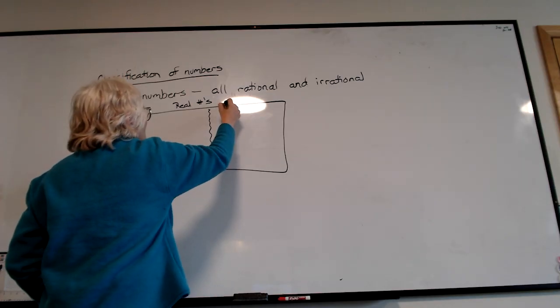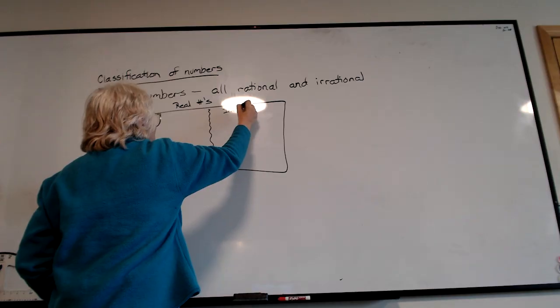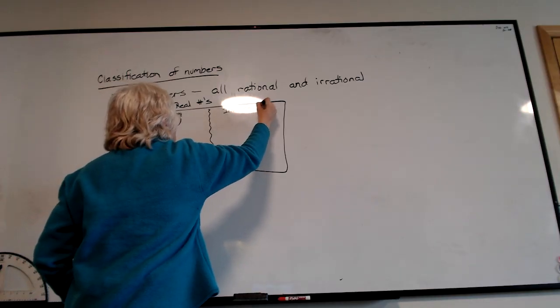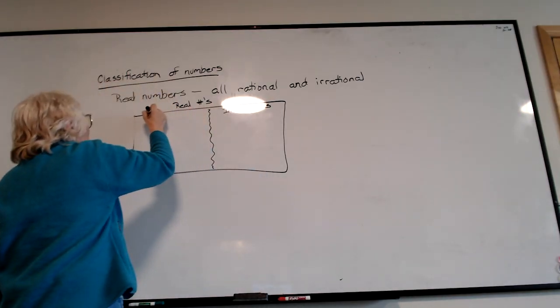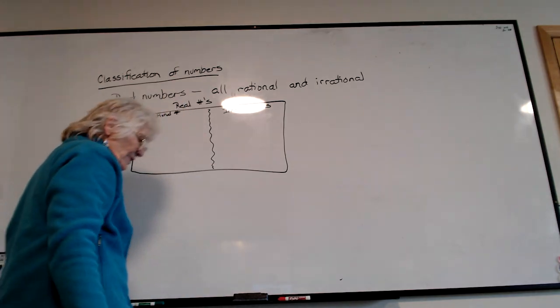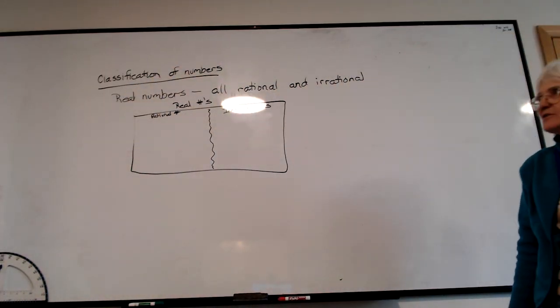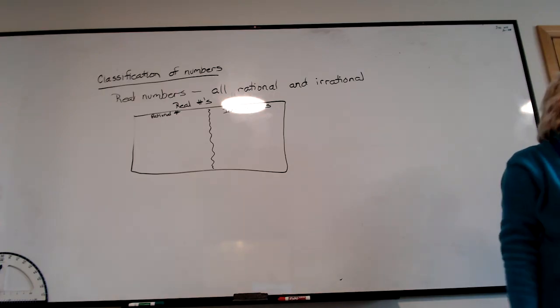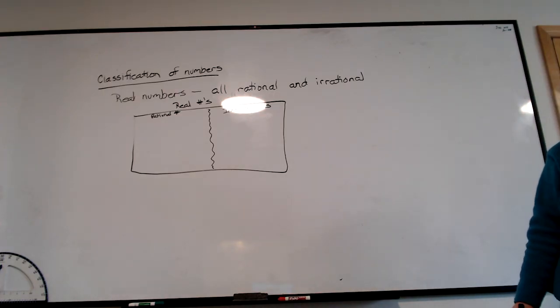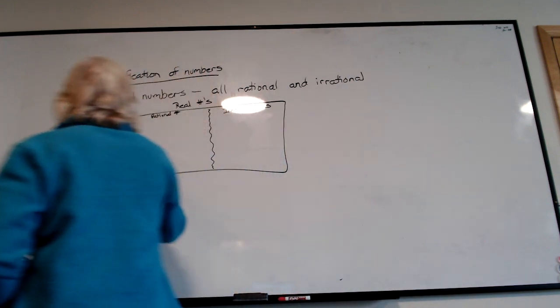On this side, we have irrational numbers, and on this side, we have rational numbers. Now, that doesn't mean that one of them always doesn't make any sense and the other always makes sense. That's not true, okay?